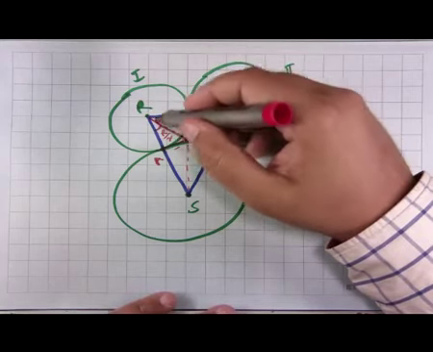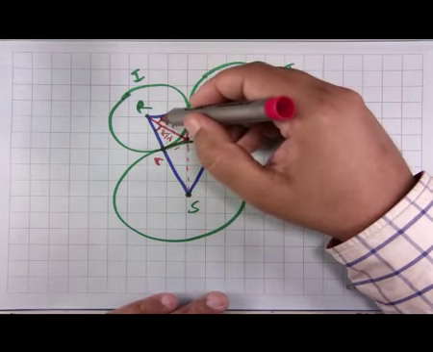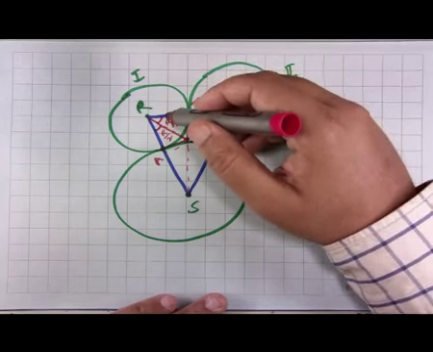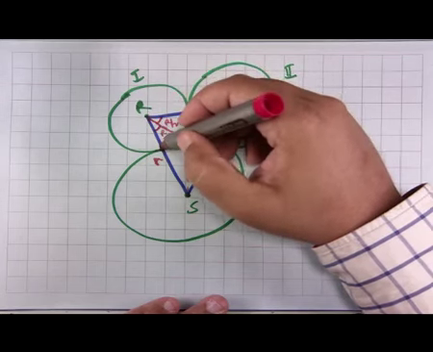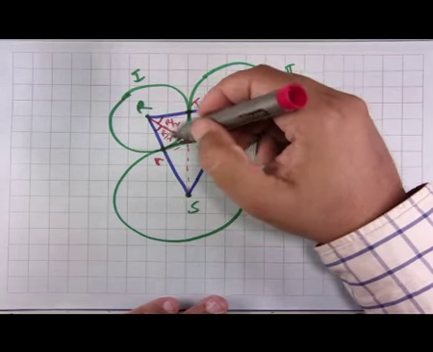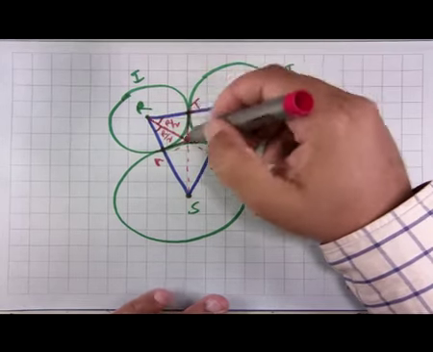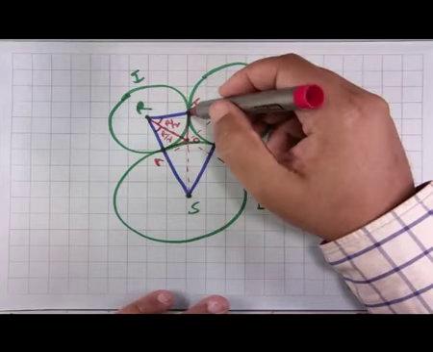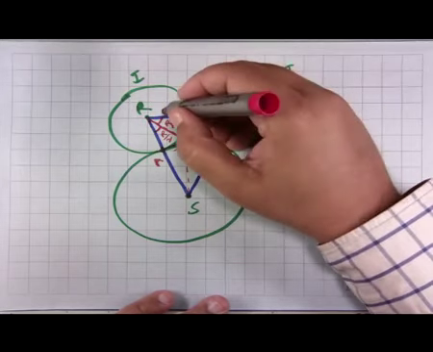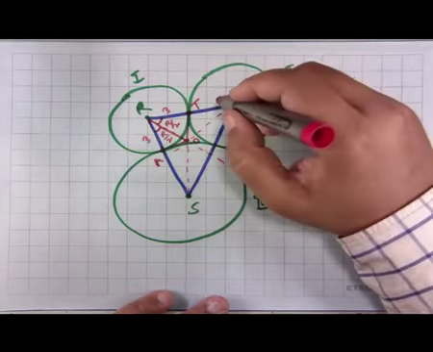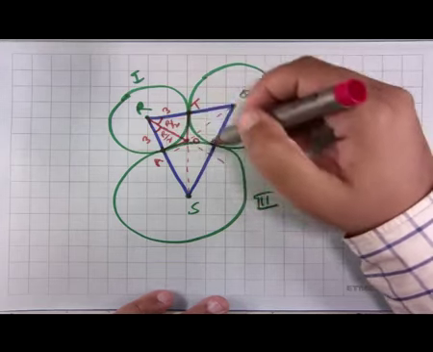We will show that these two triangles are congruent because they have a common side, these two angles are equal, and also the side RA of triangle RAO is equal to the side RT of triangle RTO. That is because both RA and RT are equal to 3 centimeter, the radius of this first circle. Therefore these two triangles are congruent.